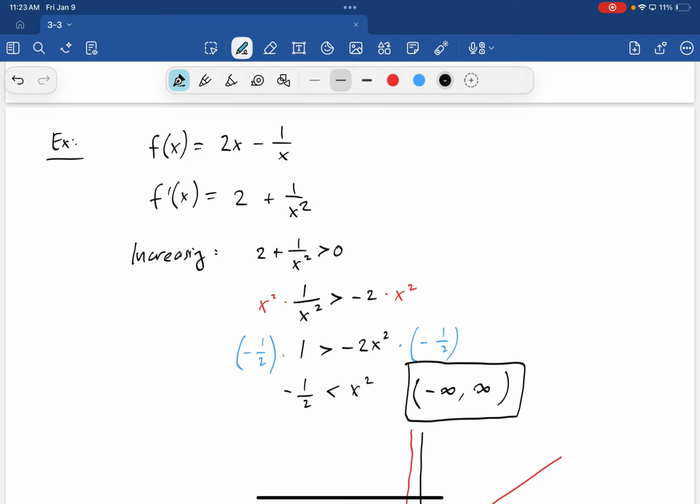All right, so in this question on the classwork, you also have to check for decreasing, because it's sometimes decreasing. So first take the derivative, and then check where it's positive and where it's negative. It's increasing when the derivative is positive, and decreasing when f prime of x is negative.